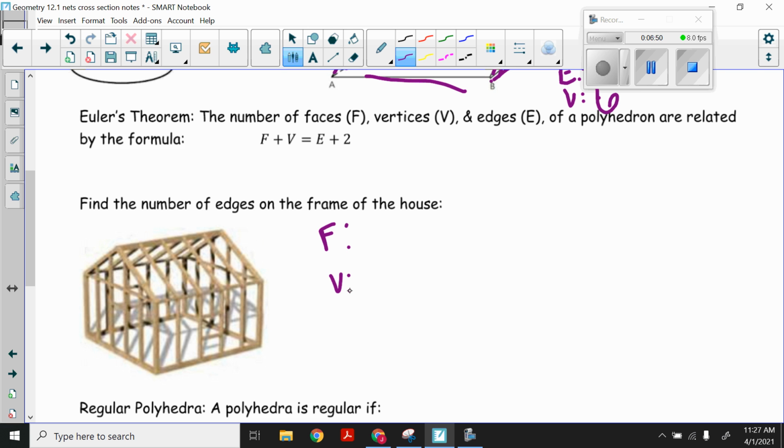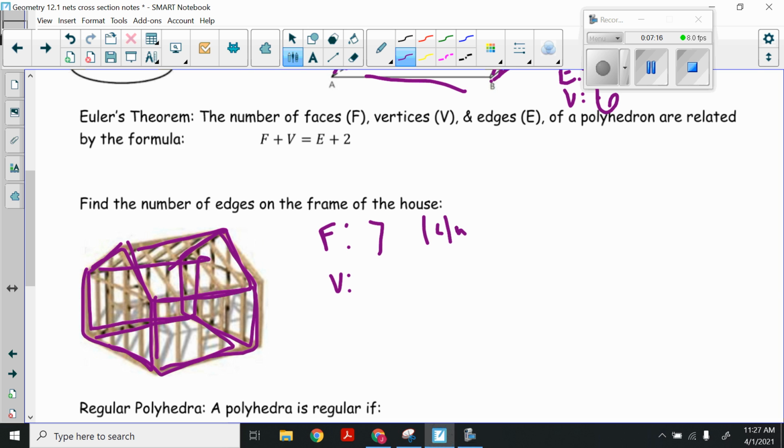So faces, okay, I have front, back, so there's 2. I have this side, we're at 4. My roof, 5, the other side, 6, and then we have the foundation, 7. So we have 7 faces, which again are 4 walls, 2 roof, and 1 foundation.